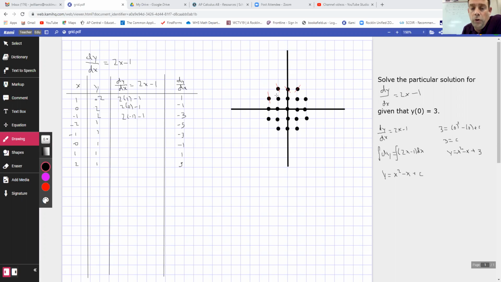Then I'm moving over, I got a -3, so that'd be about like this. And again, we're not drawing all these line segments, just real small line segments that would go through them that would have that slope. -1 would be about like this. +1 would be here. And over here, this would be at 3.